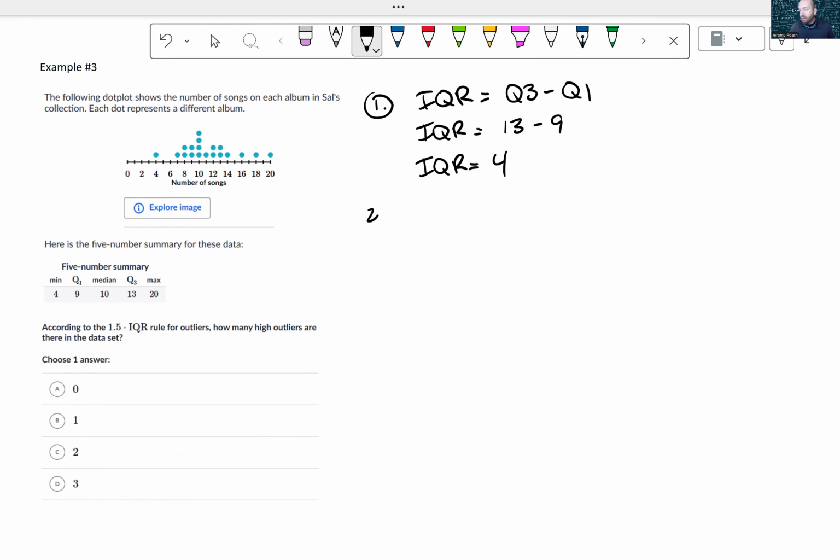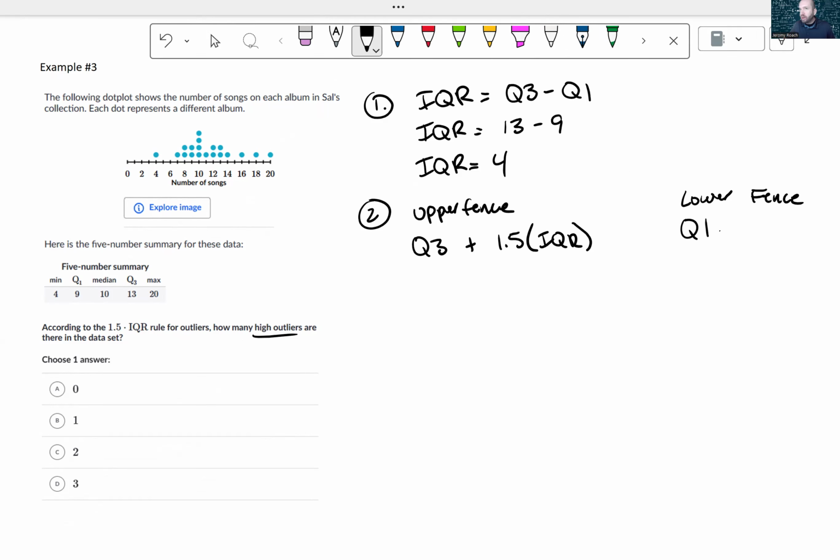Now we want to find the high outliers, so we're going to calculate the upper fence. The upper fence is Q3 plus 1.5 times IQR. I'm just going to write the lower fence formula to the side so you can see it again. We don't need it for this problem, but the lower fence formula is Q1 minus 1.5 times IQR, just in case you need to see that again.